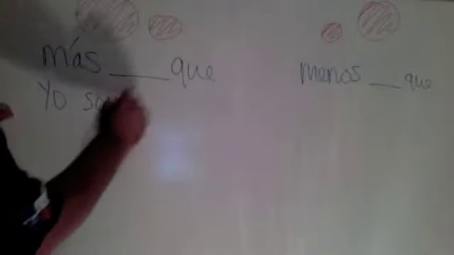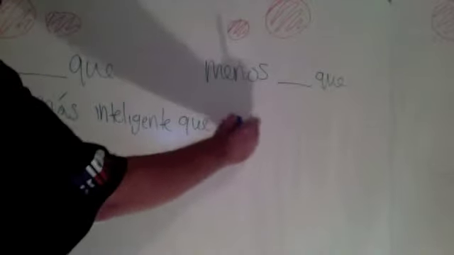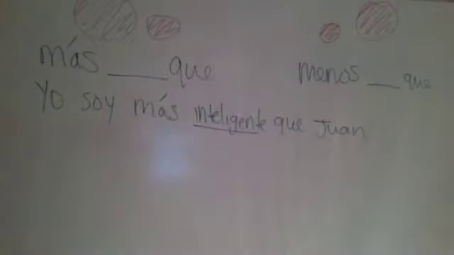So, how would you say, I am smarter than Juan? Yo soy más inteligente que Juan. Here's our formula, más, in this place an adjective, que, person B.